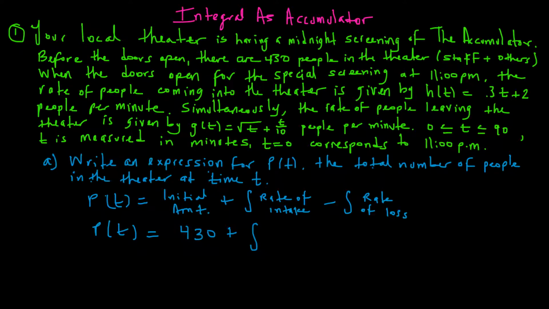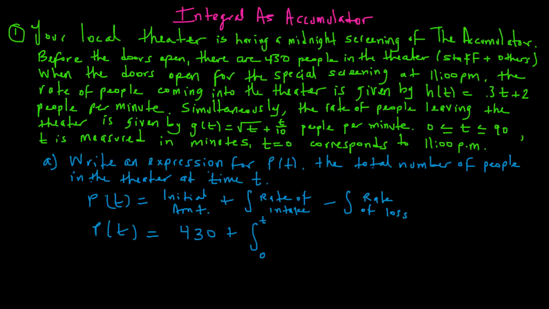So that means that the integral is going to go from 0, which is 11 p.m. when the doors open, to t, any time between the first 90 minutes after the doors open. Now, because they labeled their function h of t, if you wanted to, here you could just use the label h of t. But I'm just going to go ahead and write out the function 0.3t plus 2.